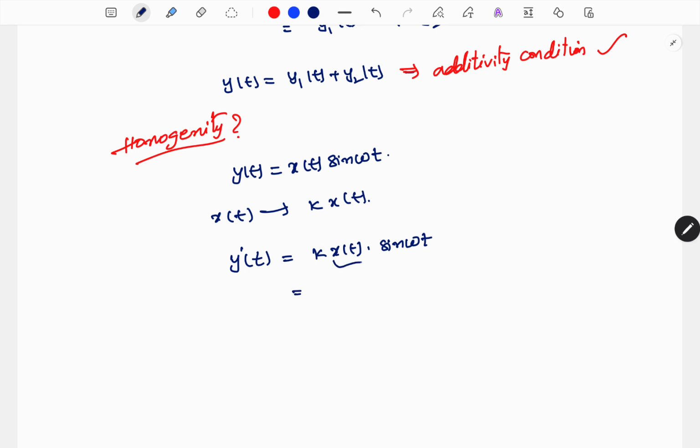We know x of t into sin omega t is y of t, so y dash of t is k times y of t, which is the output for input k into x of t. So the homogeneity condition is also satisfied.